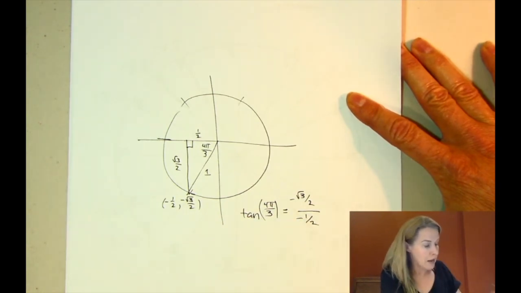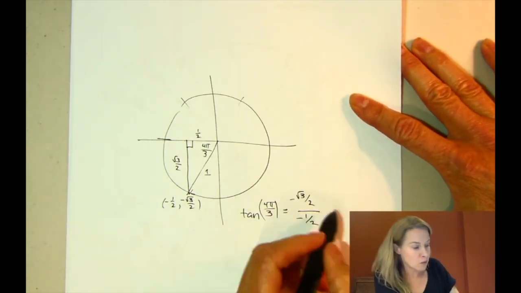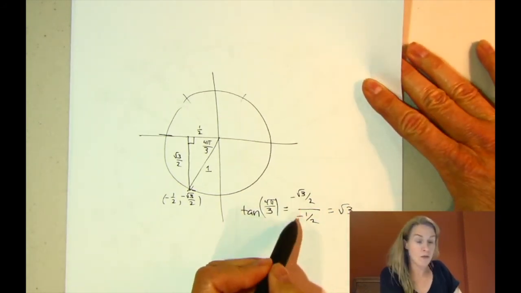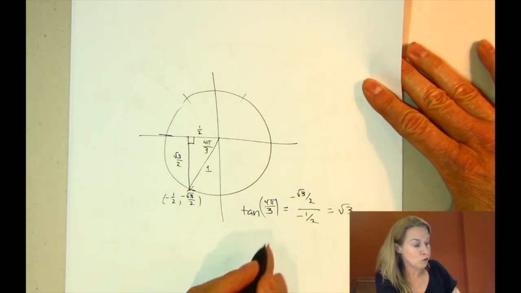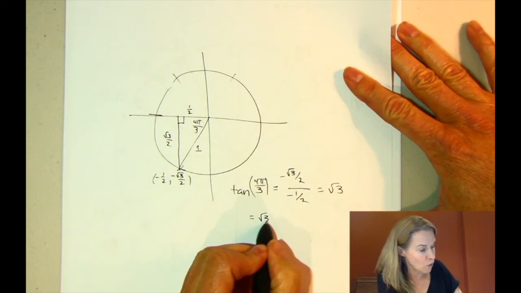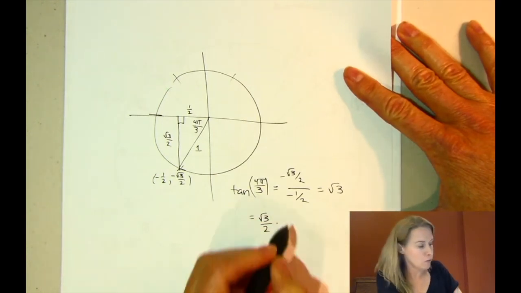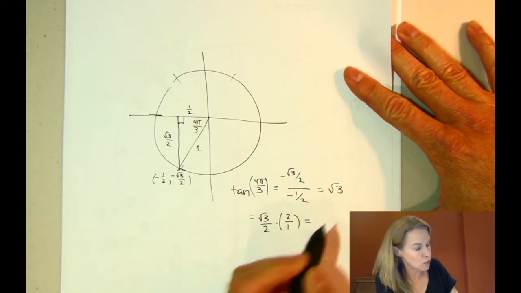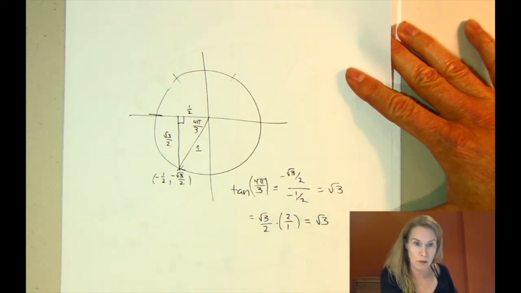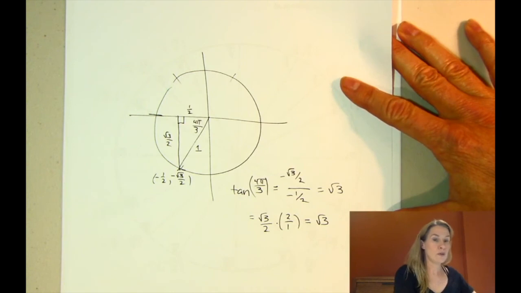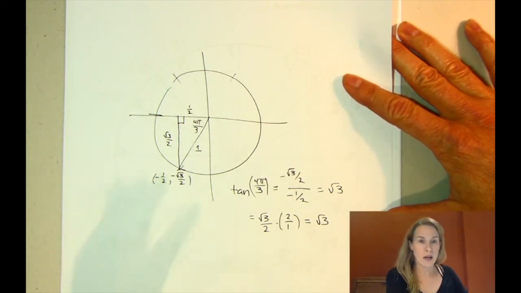I can clearly see that this is equal to positive root 3, but if you weren't so sure, you can think, okay, negative over negative is positive, and I have a fraction divided by another fraction, root 3 over 2 divided by a half. We can flip that and multiply, and the 2's reduce, and I'm left with positive root 3.